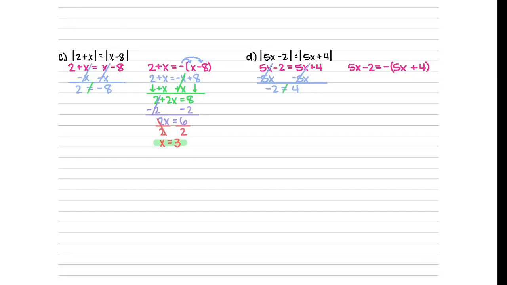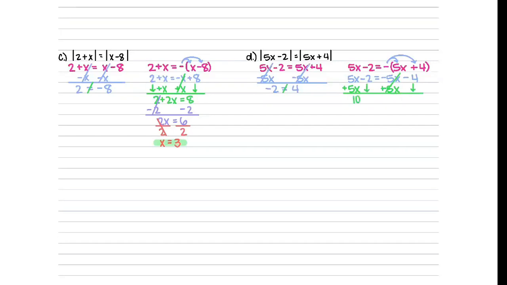Work with the other. Distribute the negative. This is leaving you with 5x minus 2 is equal to negative 5x minus 4. We add that 5x to both sides. These cancel. The negative 4 drops down, the negative 2 drops down.